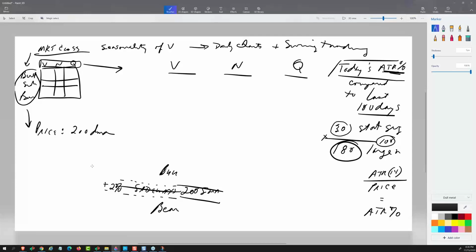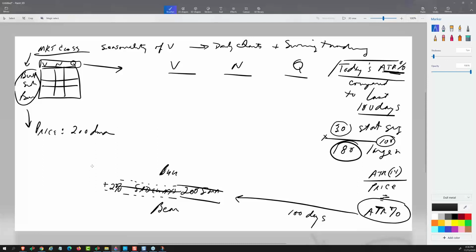So that looks back 14 days, and then divide it by price to come up with an ATR percentage. And what that lets me do is use the volatility as a percentage of today's price in order to normalize it as I look back 100 days, so that I can account for the difference in price.